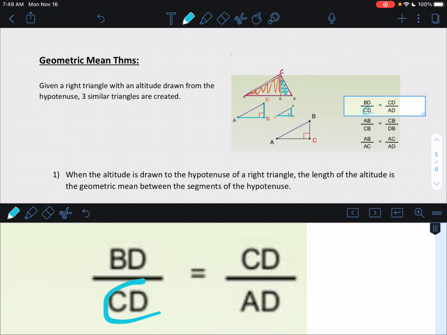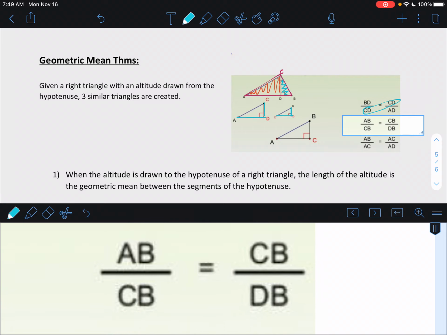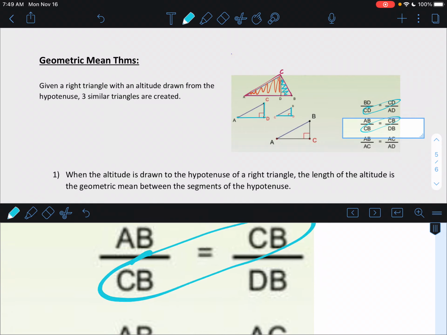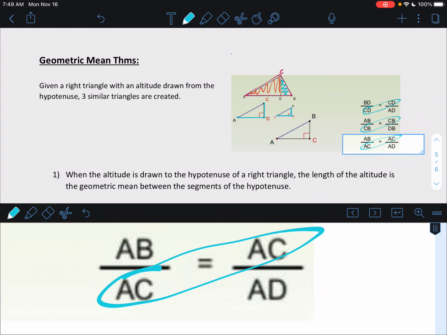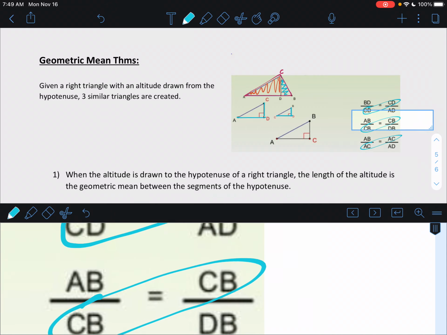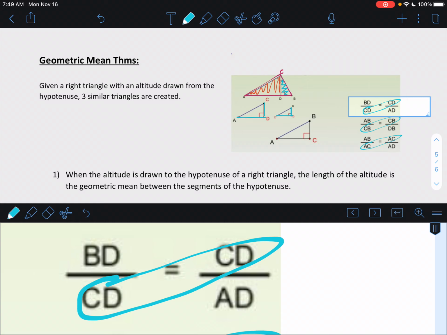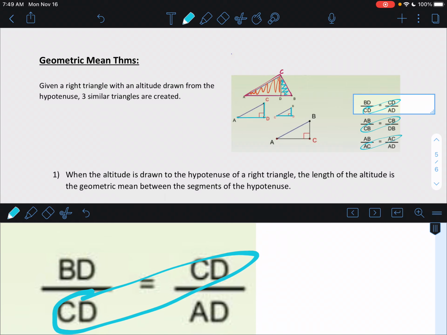And we'll notice that when we do our cross multiplication, we have CD times CD. We'll notice the exact same thing with all three of these. The thing that you're multiplying by itself is what is called the geometric mean. That's why these are called geometric mean theorems. So that is our geometric mean.